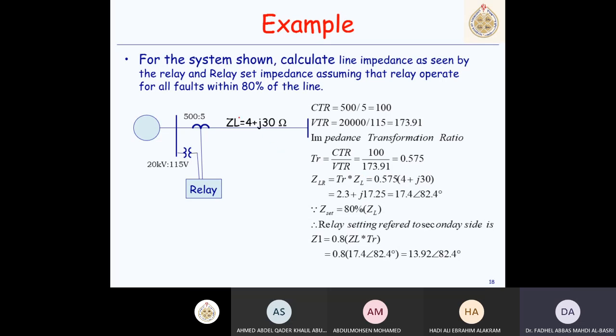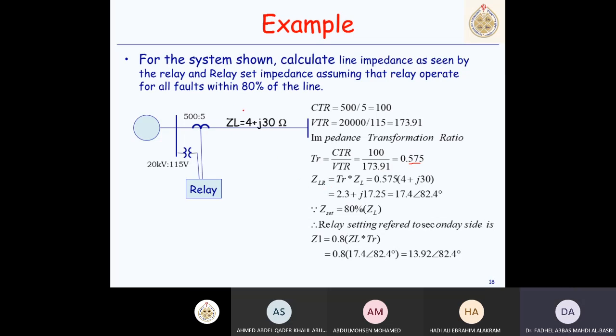An example: a line that has, for example, 4 plus j30 ohm positive sequence impedance, and I have a CT ratio and VT ratio of this. Now, the impedance transformation ratio is CT ratio over VT ratio. The CT ratio is 500 over 5, which is 100, and the VT ratio is 20,000 divided by 115. This is called the transformation ratio of the impedances.